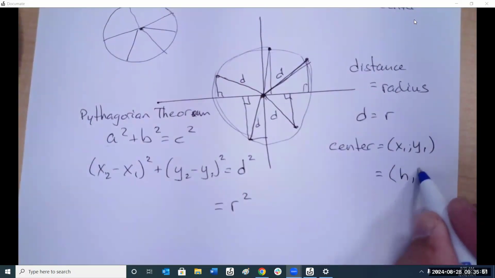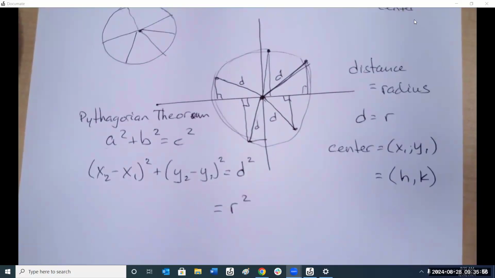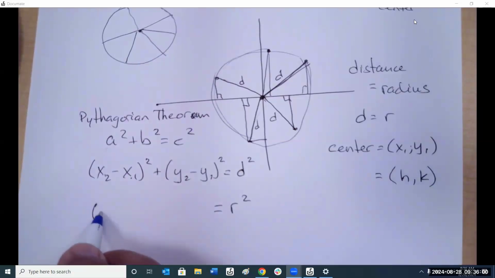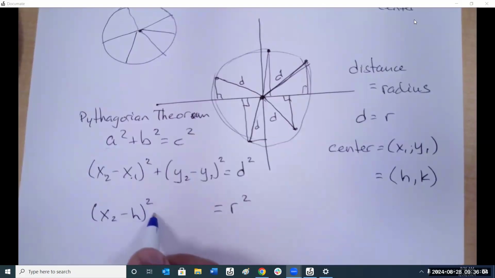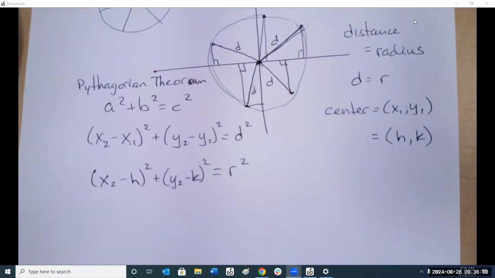We'll call it H, K. So anywhere we see an x1 and y1, that x is H, and that's K. And we don't really need the subscripts anymore since there's no other point.